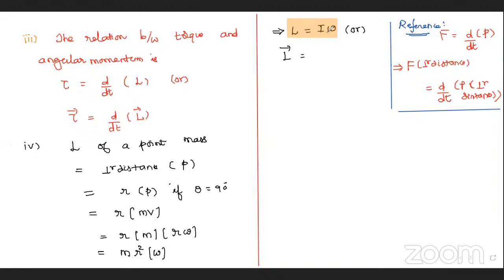Moment of inertia is a scalar, I think all of you remember, and omega is a vector. Don't put any dot or cross here, because it is a scalar; it is simple multiplication with a scalar. L bar equals I into omega bar.